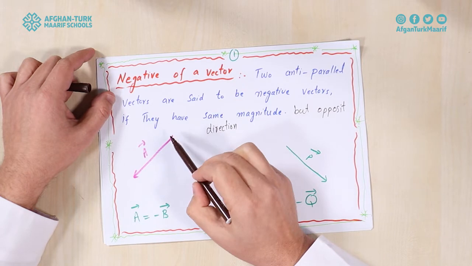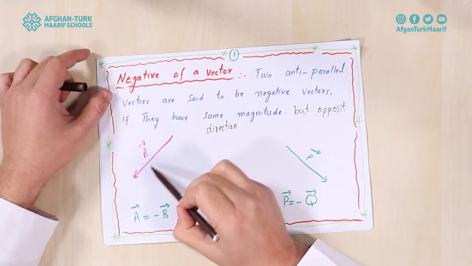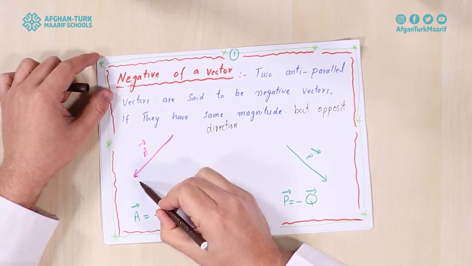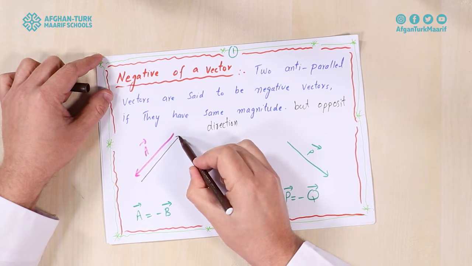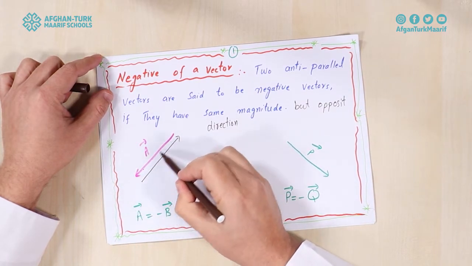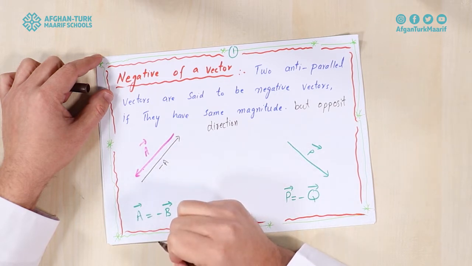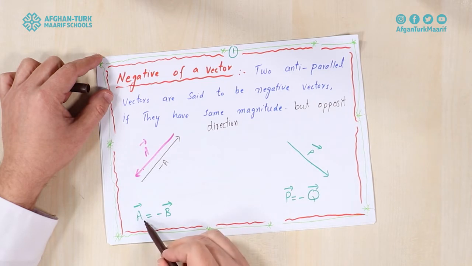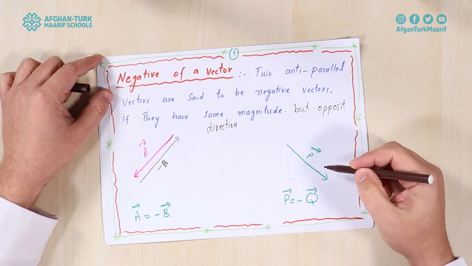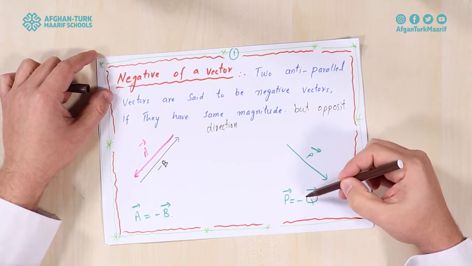For example, we have a vector A. If I want to make the negative of vector A, simply draw a vector which is opposite to this vector, meaning the direction is opposite. So this is the negative of vector A. And here also, the negative of vector B is minus B. Here also, how can I draw the negative of vector P?